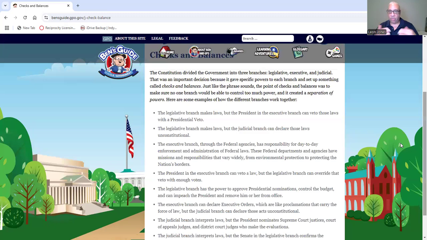Just like the phrase sounds, the point of checks and balances was to make sure that no branch would be able to control too much power. And it created a separation of powers. Now, here are some examples so you understand how the branches, although they're different, work together.